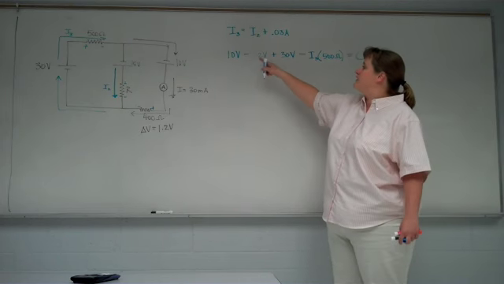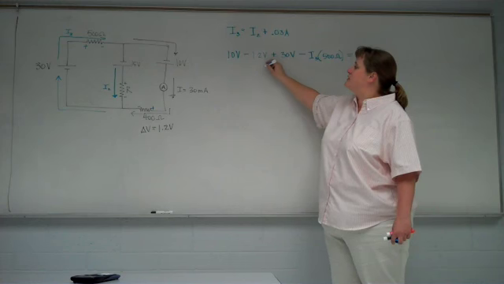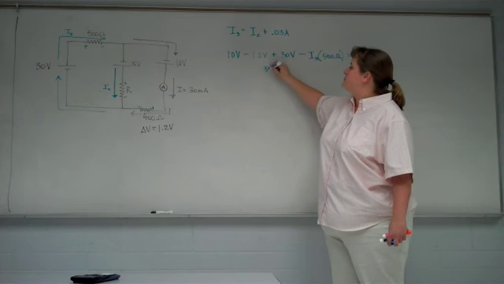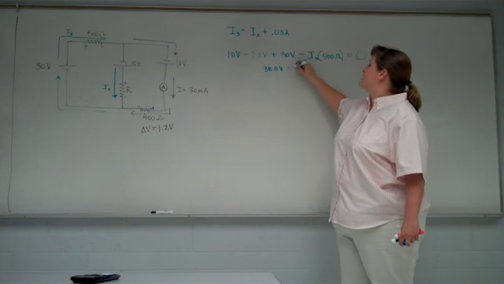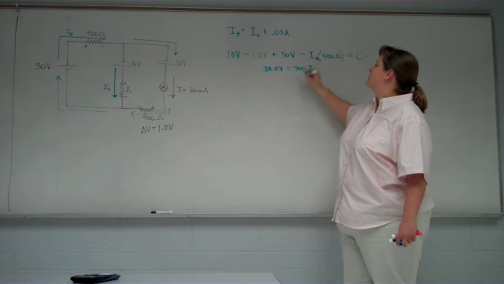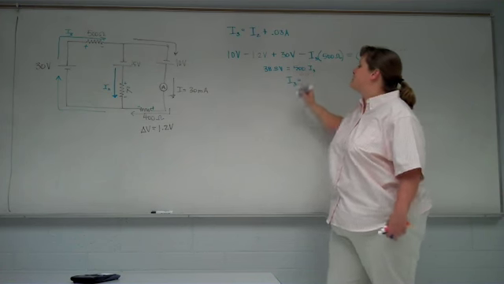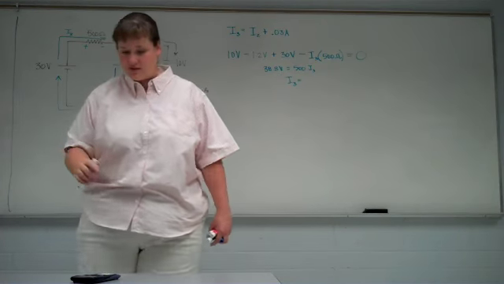So we have, what, 40 minus 1.2 is what, 38.8? Taking this to the other side, we find that I3 is 38.8 divided by 500.